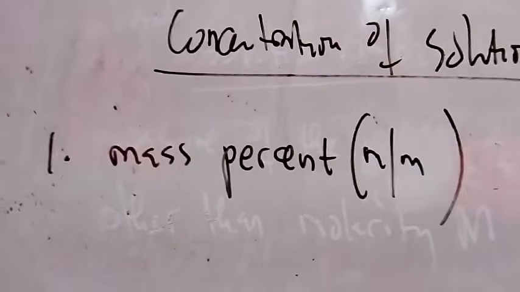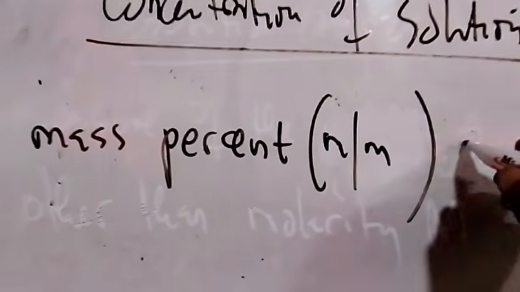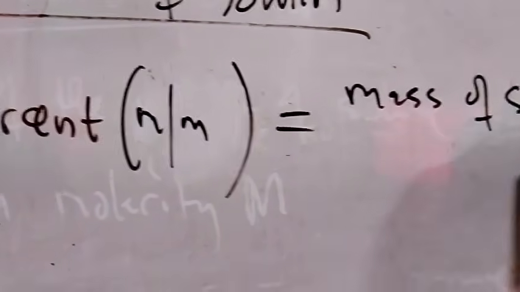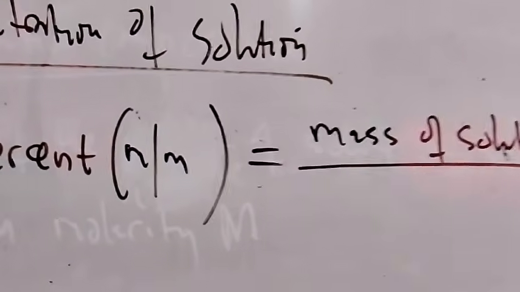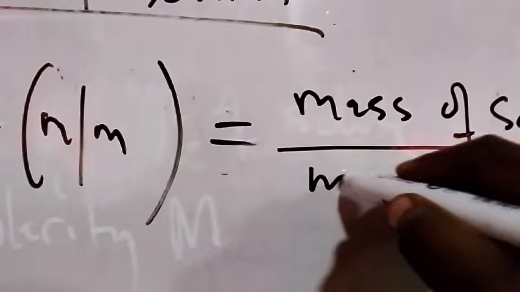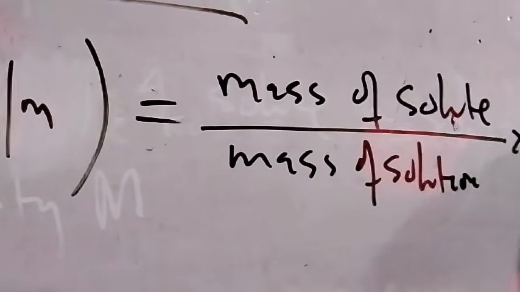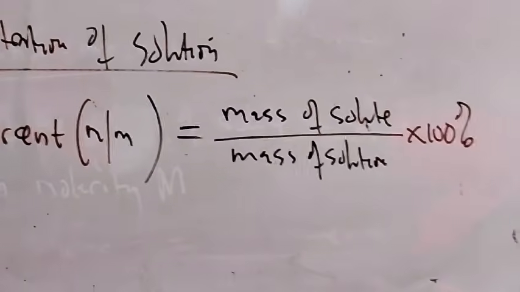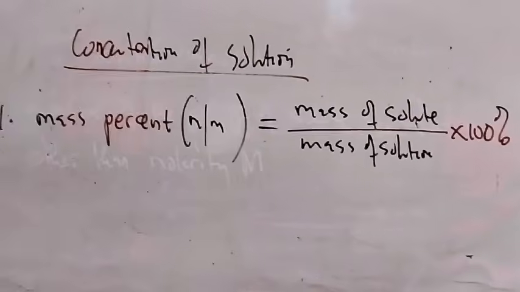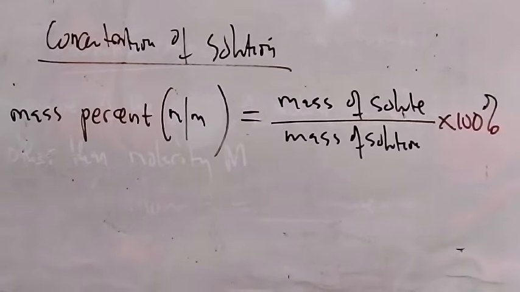Mass percent is equal to mass of solute over mass of solution times 100%. That is how we shall be calculating mass percent.